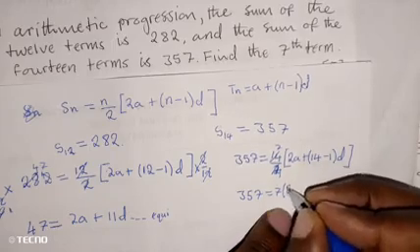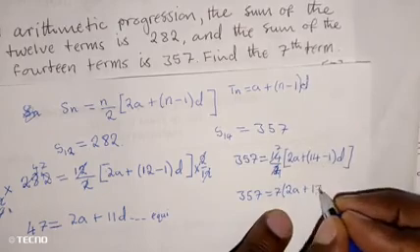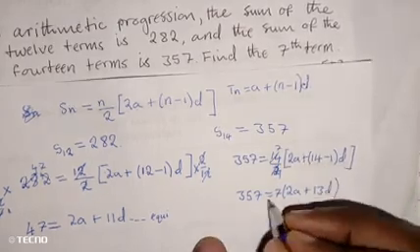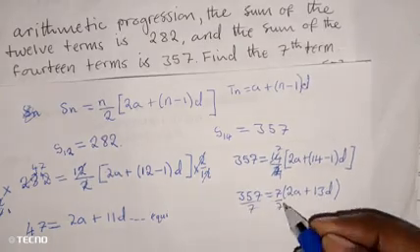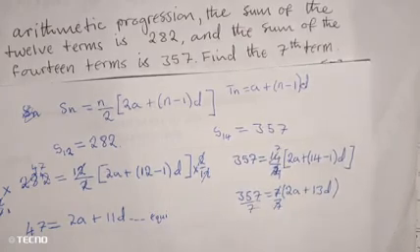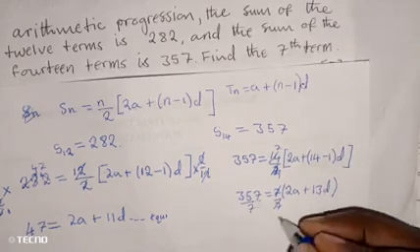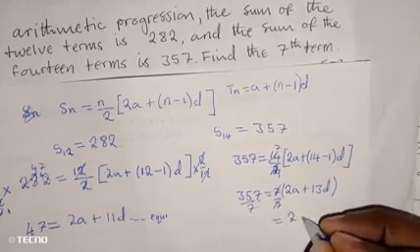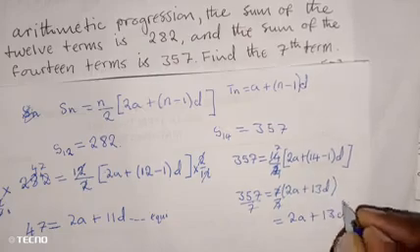First thing, we maintain what we have: 2a plus 13d. We close the bracket, so 7 over 7, the 7s go. Here we have 2a plus 13d.